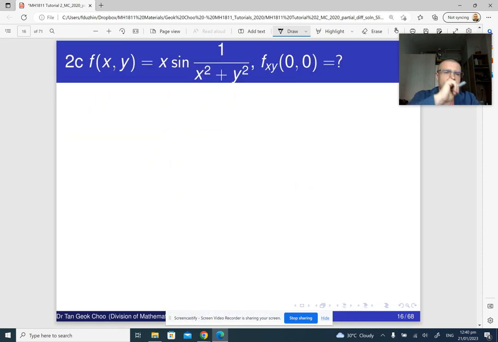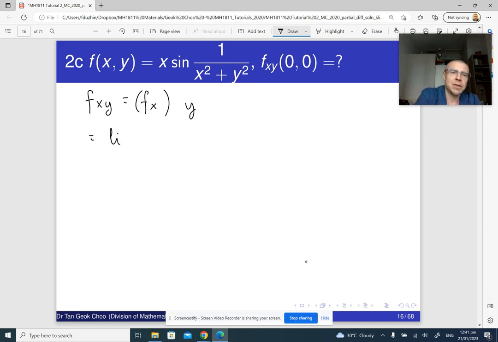In problem 3 we've got to find the second partial derivative, first with respect to x and then with respect to y. So how do we do that? To do that, you need to realize that f_xy is first we start with f_x, and then we differentiate it with respect to y. Let me write down the definition of differentiation with respect to y.